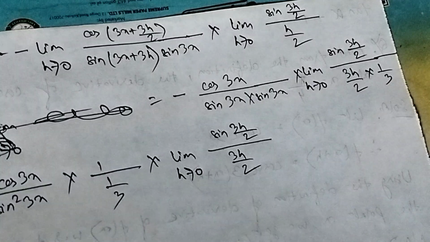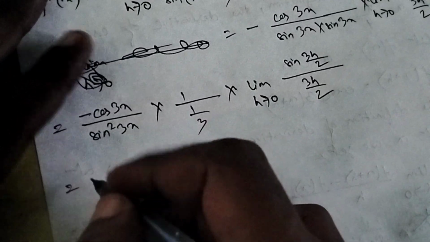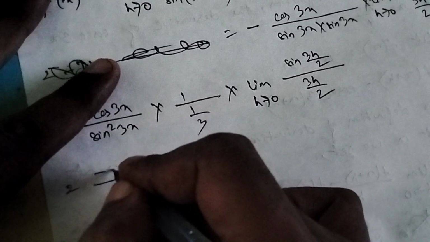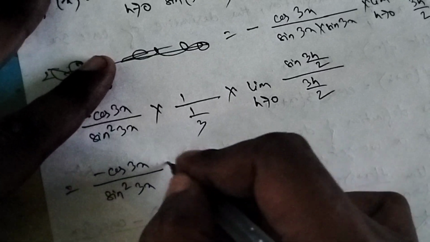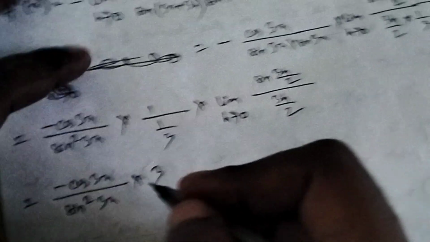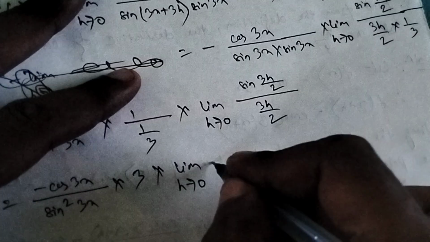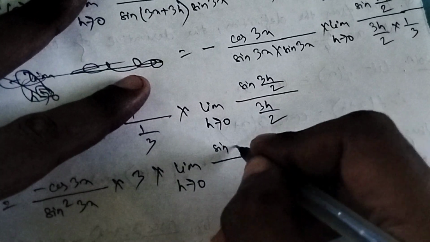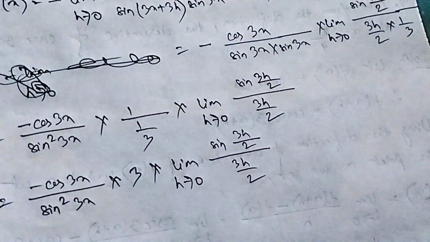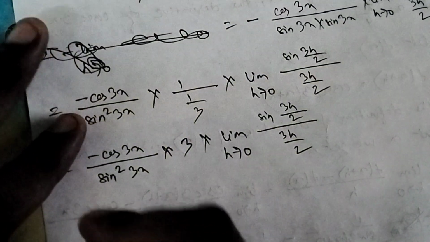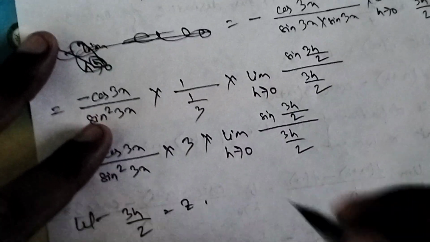Okay, so it would be minus cos 3x by sine squared 3x into 1 by 3 will be 3 into limit h tends to 0 sine 3h by 2 over 3h by 2. Okay, so now what will I do? Let 3h by 2 is equal to z.